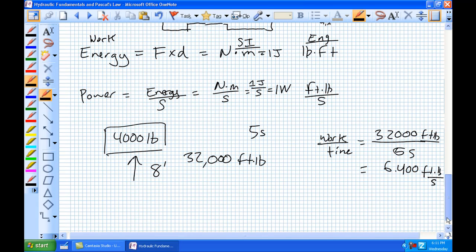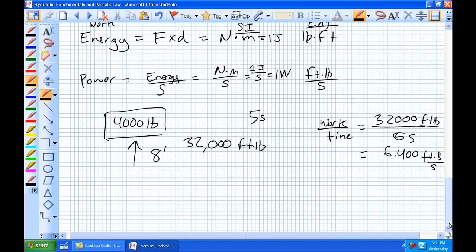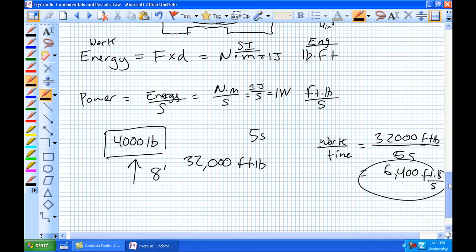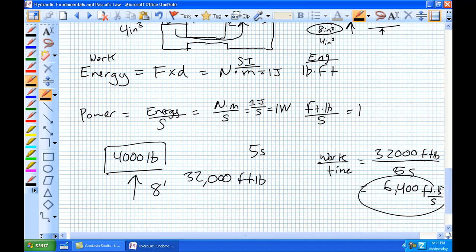Which is not necessarily the prettiest units. That's why we have to call in another unit here, which is very commonly used.